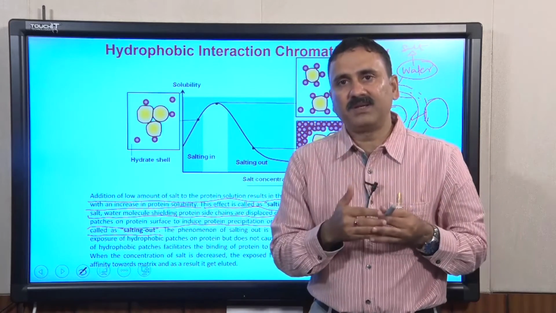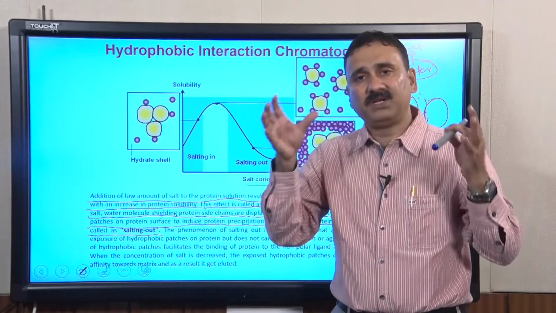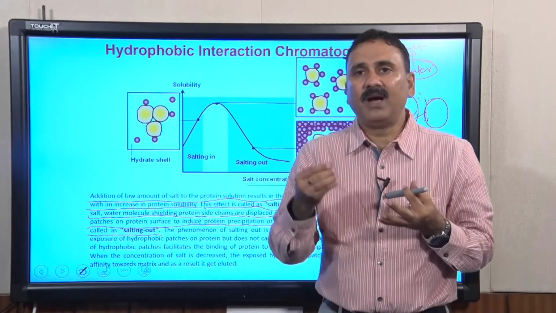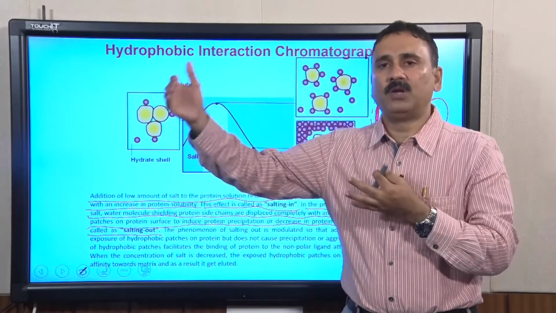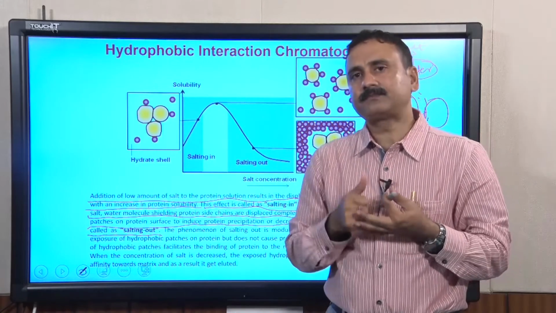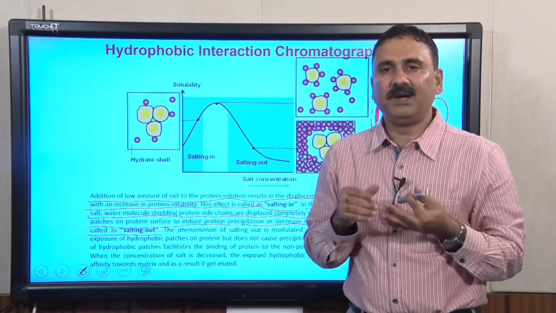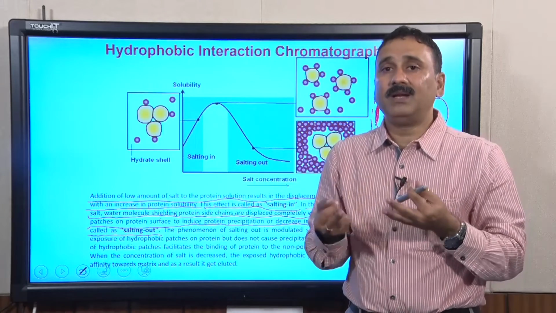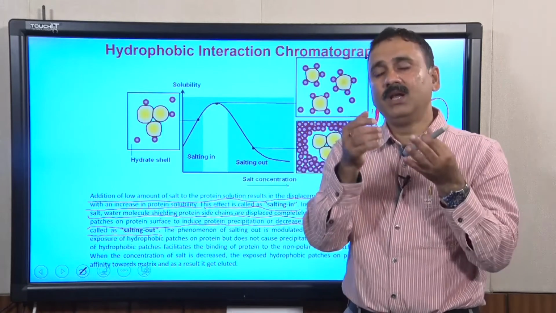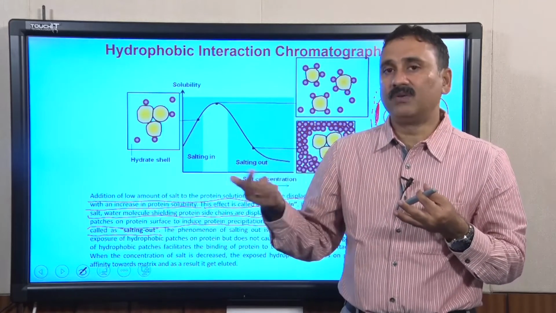You can precipitate some proteins, but the other proteins will still remain in the solution because their hydration shell is still intact, and if you add some more salt, those proteins also get precipitated. So, if you do it in a stepwise manner, you can separate the different proteins, and that has always been done in the traditional biochemistry way, where you precipitate the protein by adding different amounts of salts.